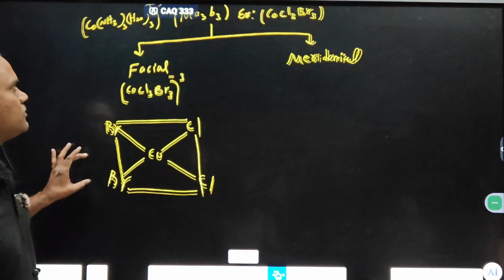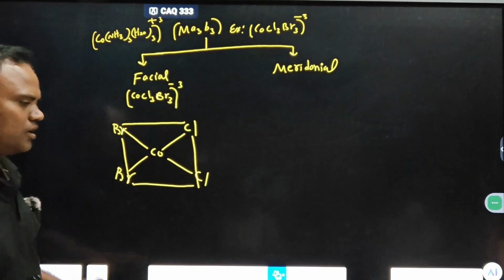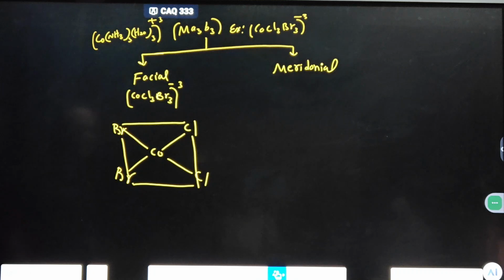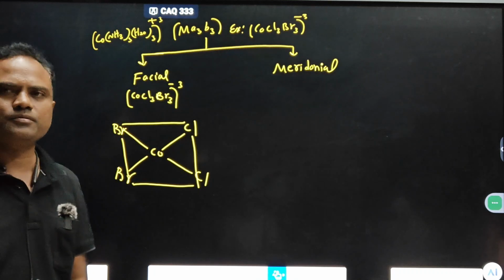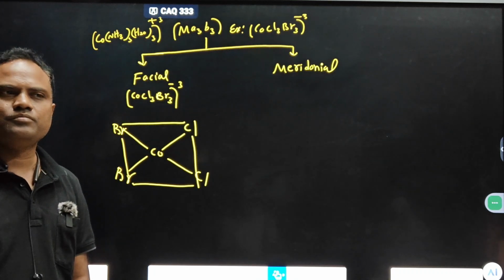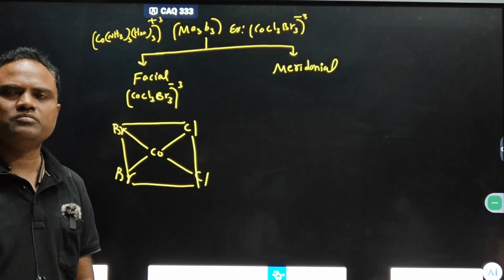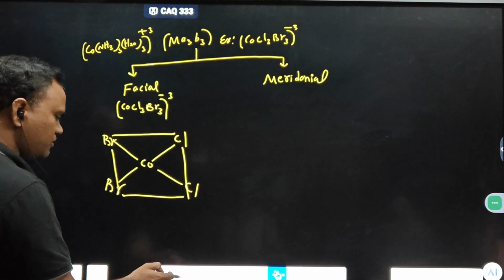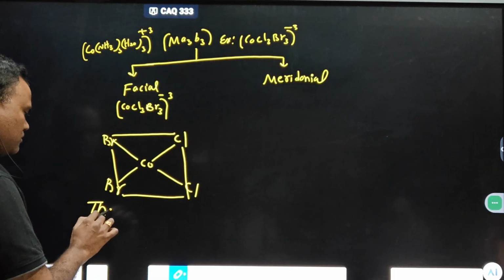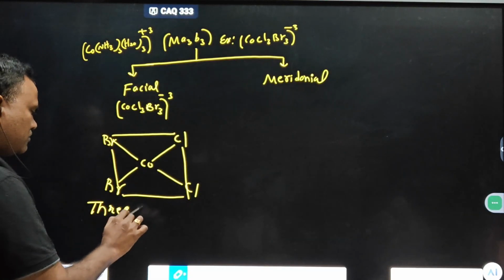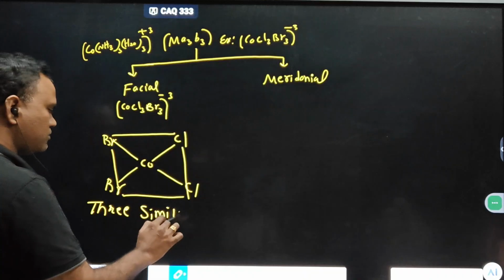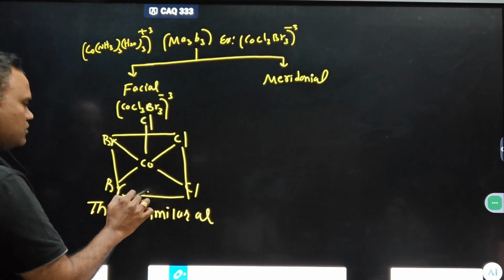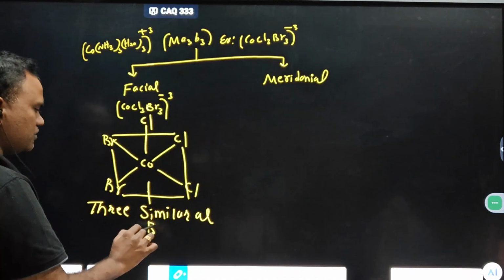What is facial? Tell me. Online students, what is a facial isomer? Facial means three similar atoms. I forgot to place chlorine and bromine. Write chlorine, bromine here.